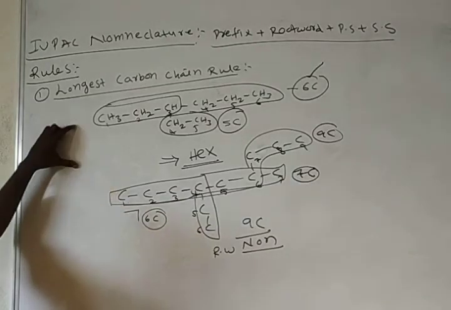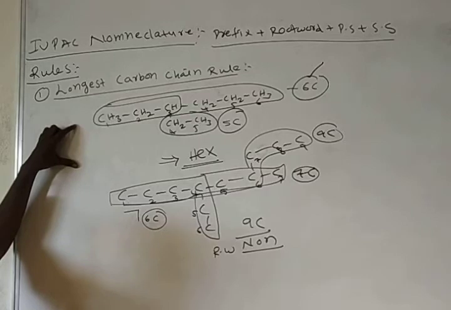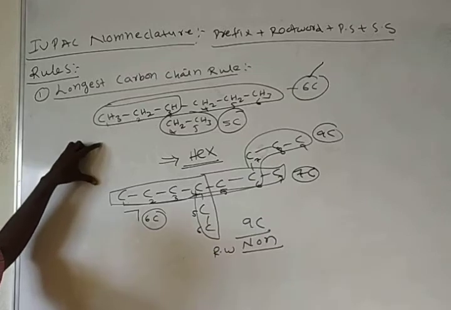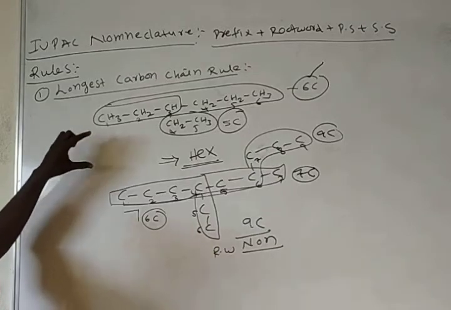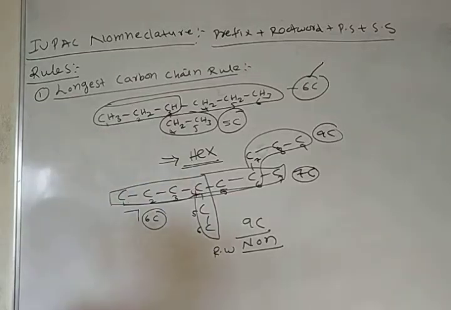This is the longest carbon chain rule. Many chains are present in an organic molecule, but you can choose only the longest carbon chain. That is what we simply call the longest carbon chain rule.